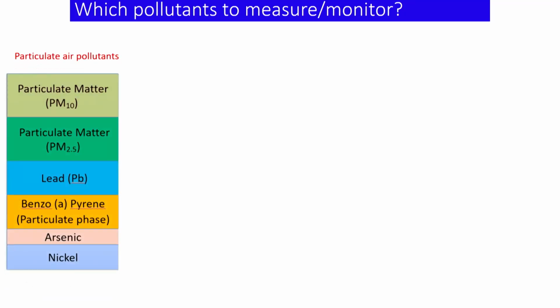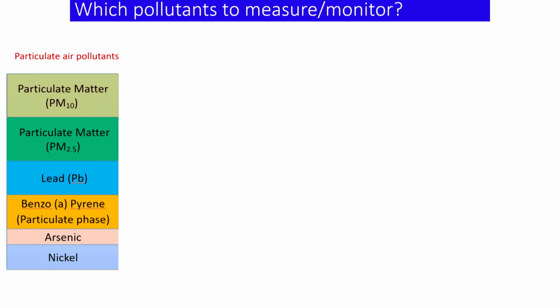For particulate air pollutants, there are 6 criteria pollutants that we measure, and this is a very standard question usually asked in CPCB and SPCB interviews: what are the criteria pollutants that need to be measured?